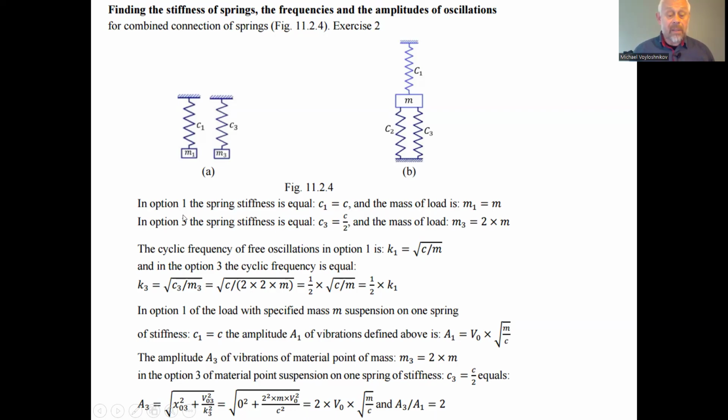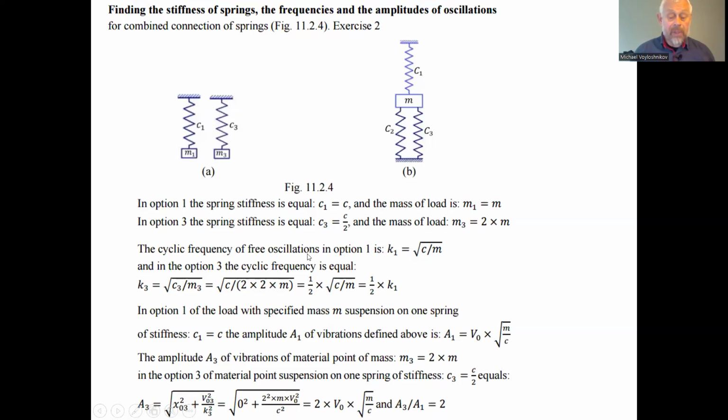And the mass in the first option is just the mass M, and in option 3 the spring stiffness is equal to C divided by 2, where C is equal to the stiffness C1, and the mass of the load will be twice M.